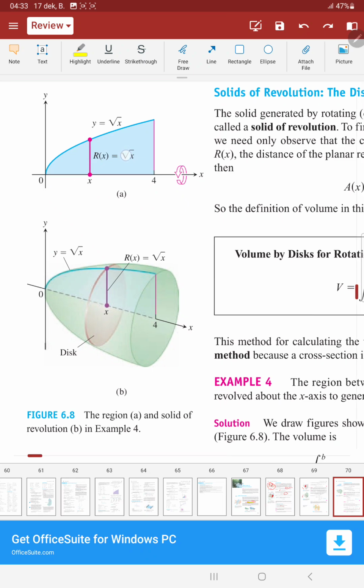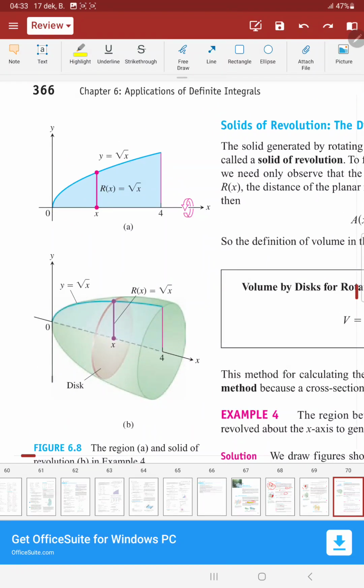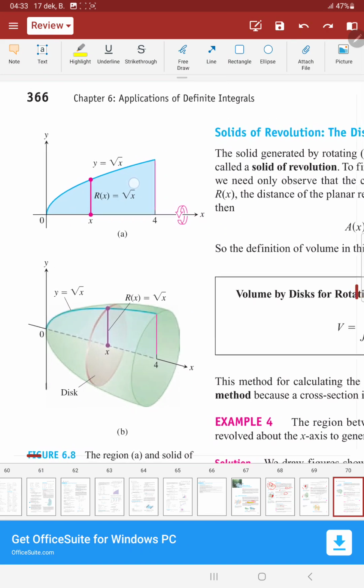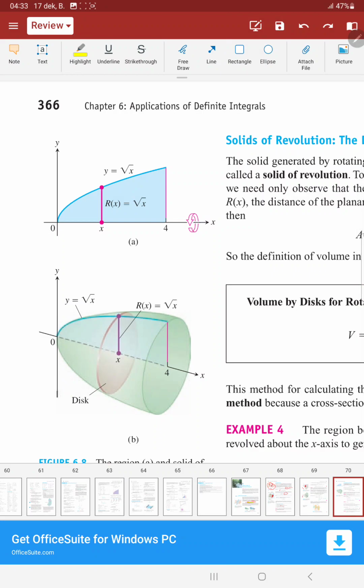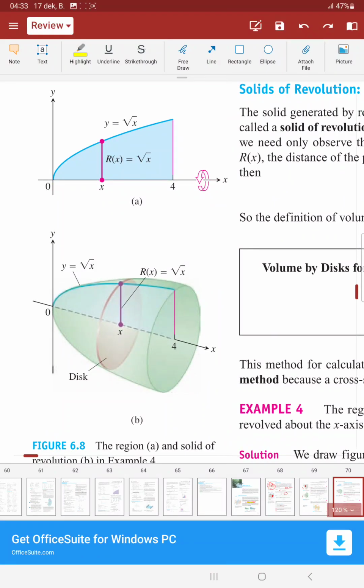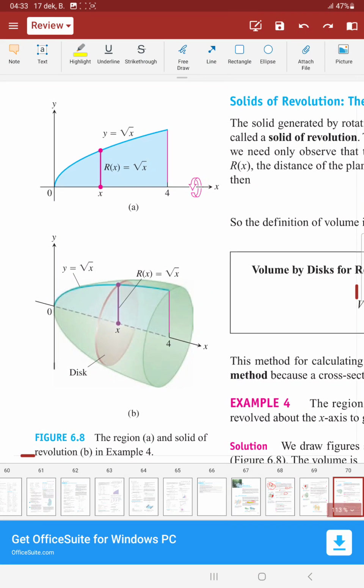I will call them A and B. A will be our cross section for this solid B. I hope it's clear, you can see it in here.